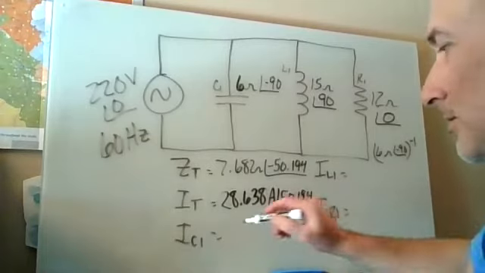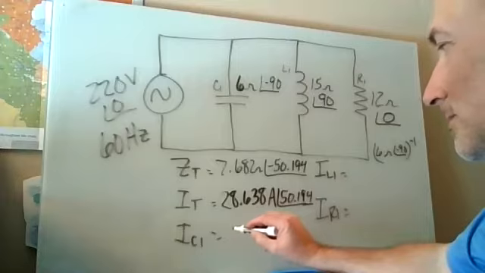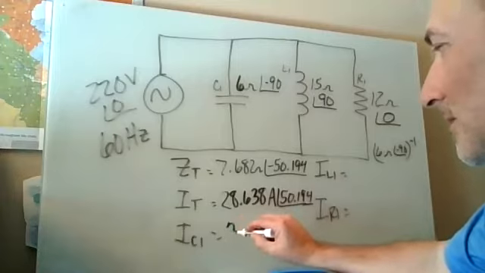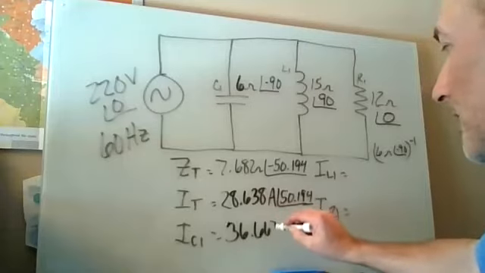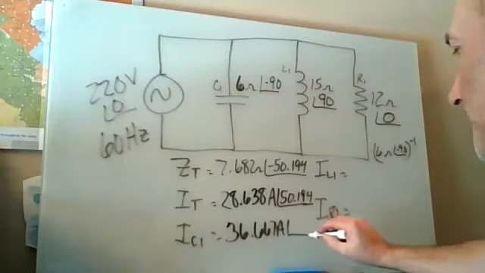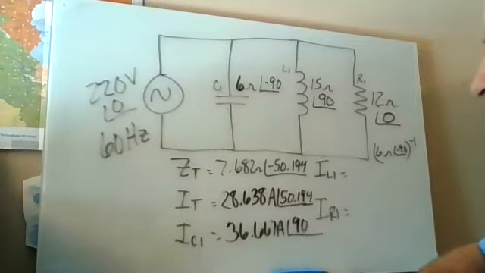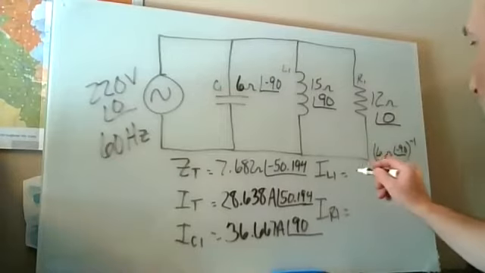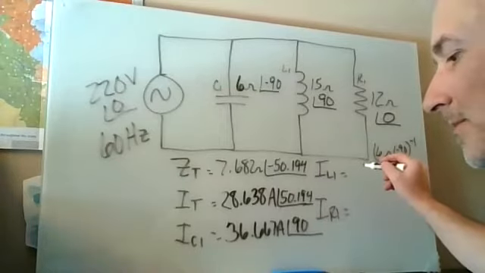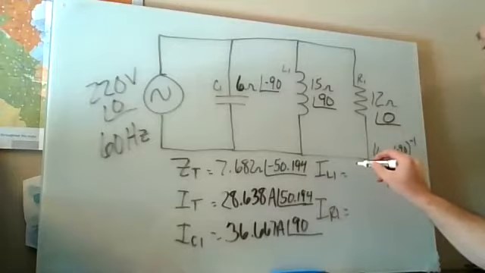I see one. I'll give you that one. 36.667 amps at an angle of 90 degrees. IL1. You got IL1. I got lost here.